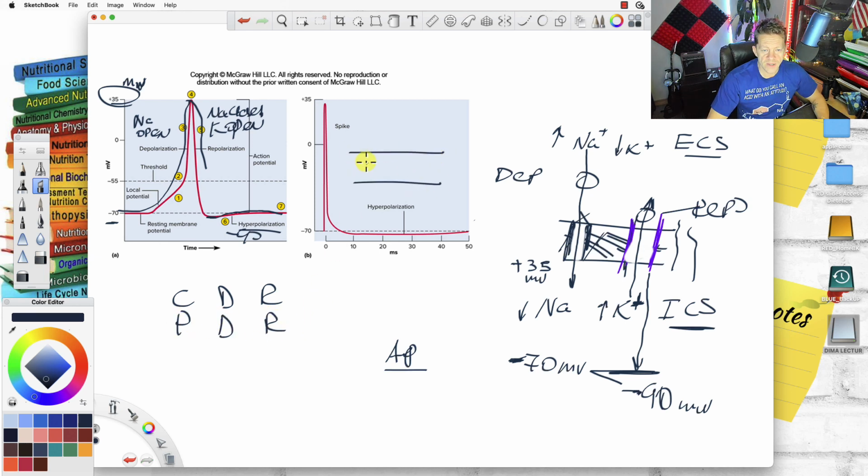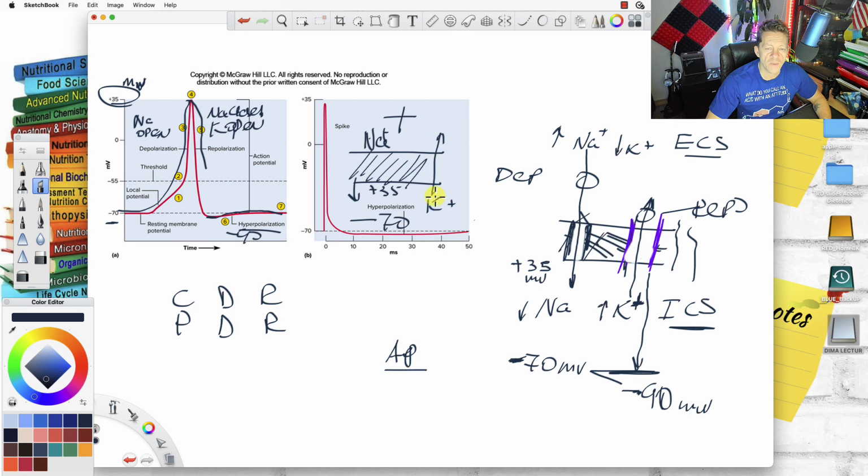So to summarize, again, the membrane is outside of the cell more positive, inside of the cell more negative, right? Positive sodium flows in, and this minus 70, being positive, becomes plus 35 approximately. Now we have potassium, and potassium is positive.